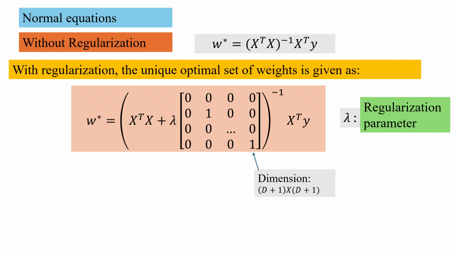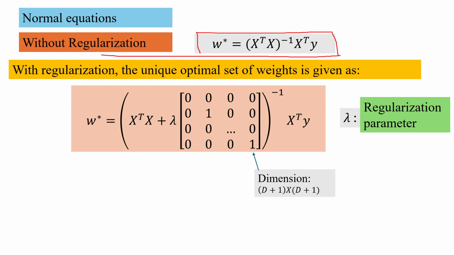So in terms of normal equations, we have seen previously, I'll give you the link in the description box, that with the help of normal equations, the optimum weights for the solution by linear regression are found in this manner.